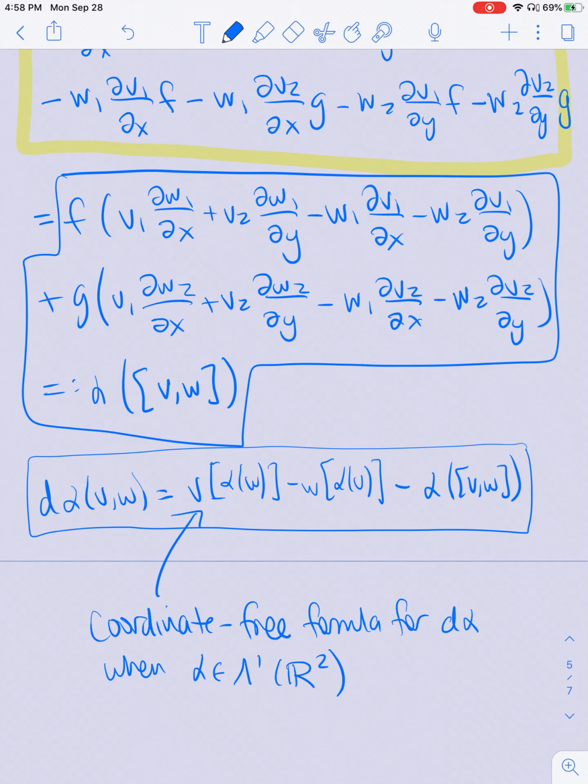But right now, to make sense of this, the last thing we need to do is make sense of this term, which is called, well, actually, it's called alpha applied to the Lie bracket. But we need to make sense of this term in a coordinate-free way. So we need to make sense of this without coordinates.